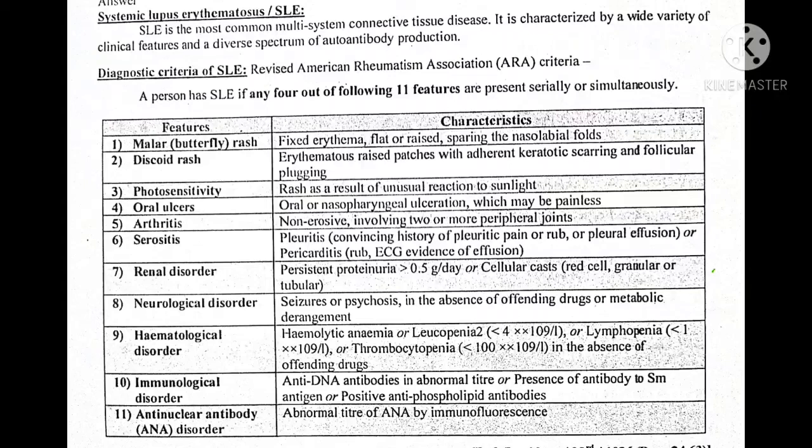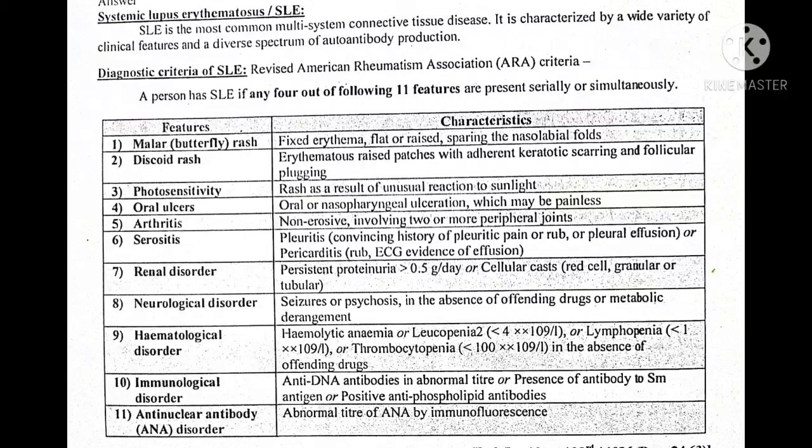Then hematological disorders such as hemolytic anemia, or leukopenia less than 2 x 10^9 per liter, or lymphopenia less than 1 x 10^9 per liter, or thrombocytopenia less than 100 x 10^9 per liter in absence of offending drugs.